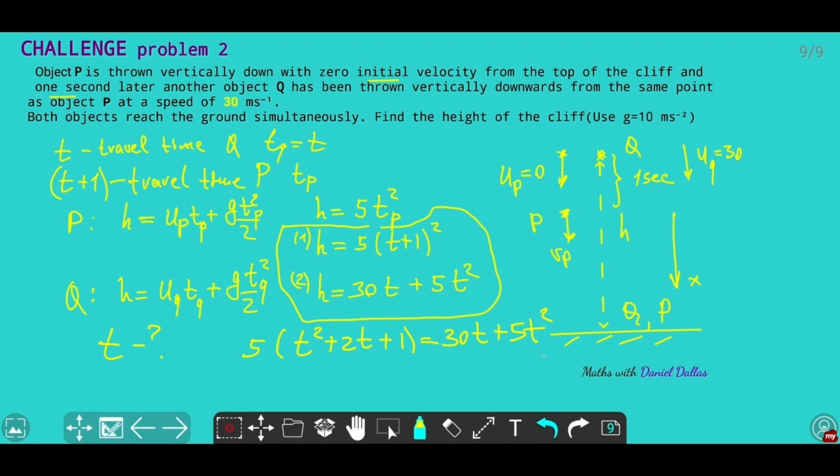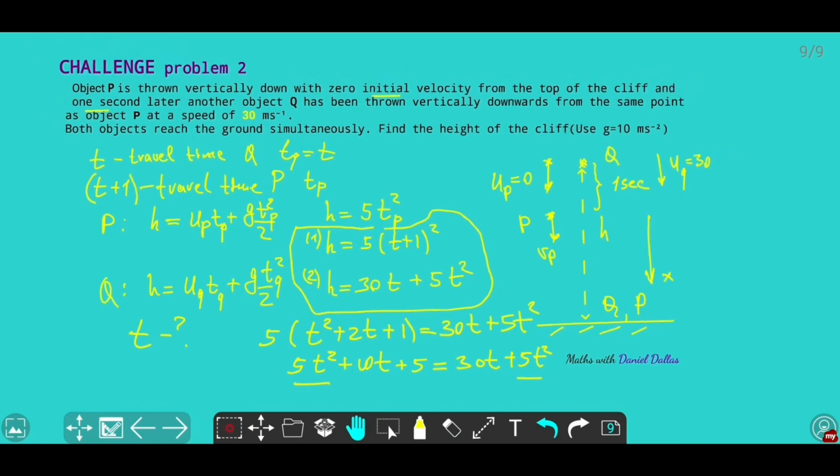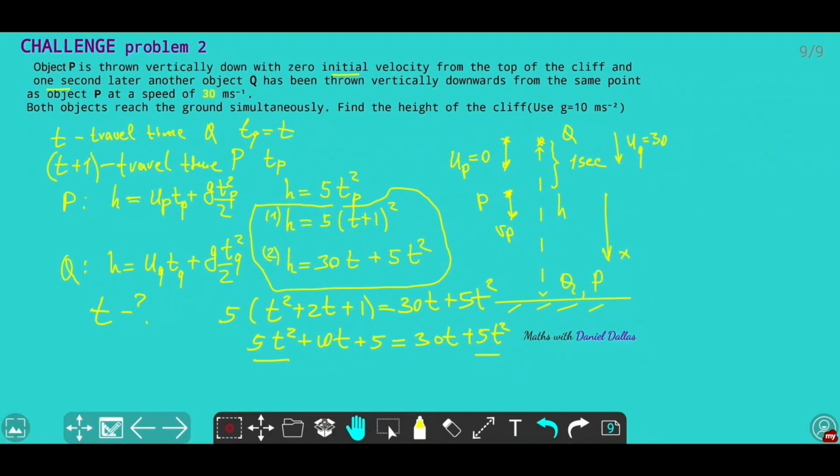It's sort of quadratic, but I hope it's going to cancel out to linear. 5t squared plus 10t and plus 5 will be equivalent to 30t and plus 5t squared. As you can see, both 5t squared will be cancelled. So that means you'll be left with 10t and 30t. So it's going to be 20t over here and 5 over there.